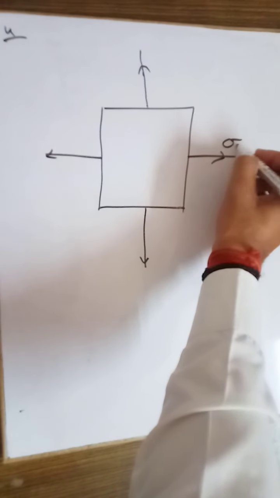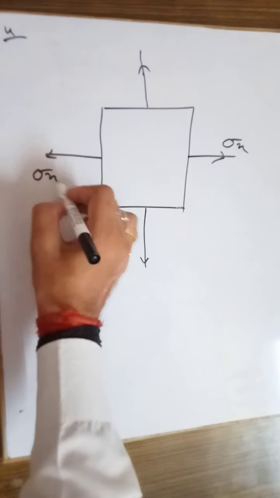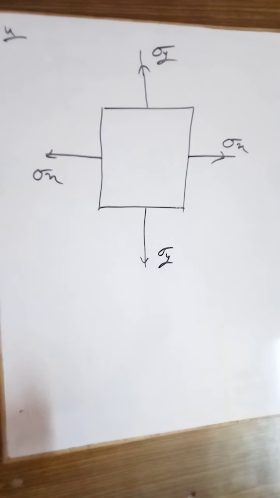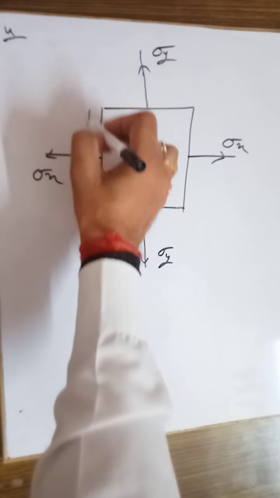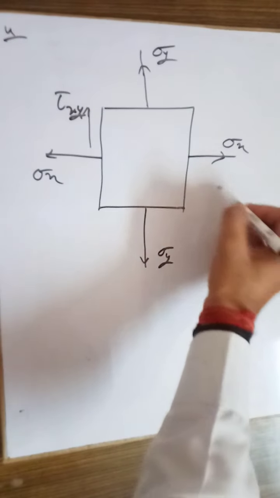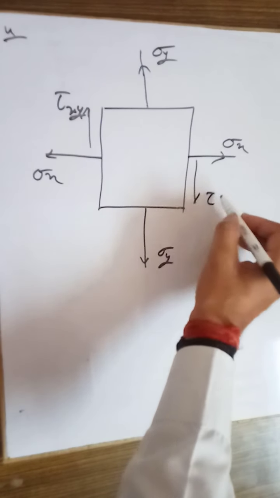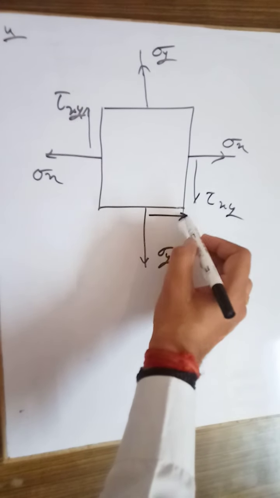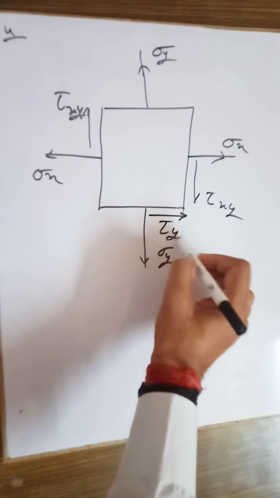So this is sigma x normal stress, sigma y again, and the shear stress along this direction is tau xy. Along this direction it is tau xy. Along this direction it is tau yx.